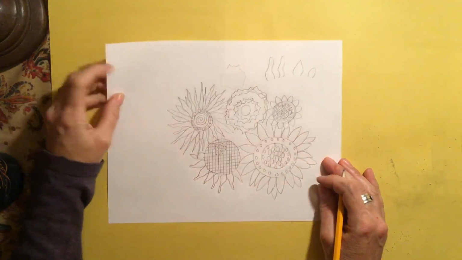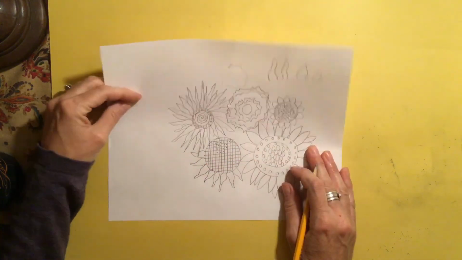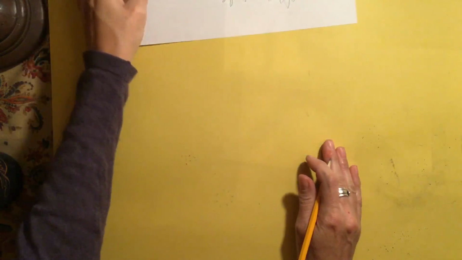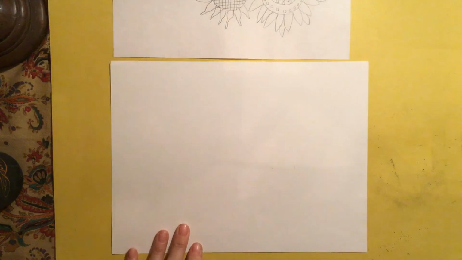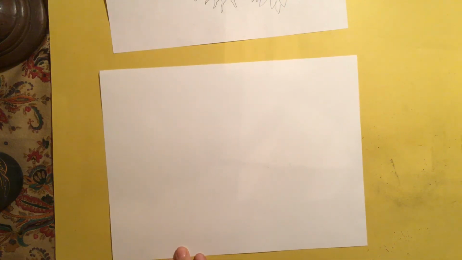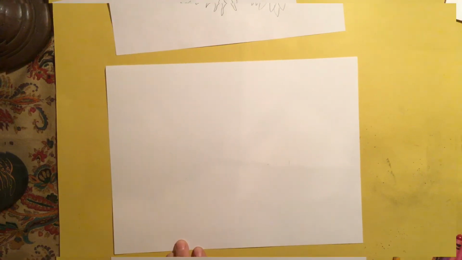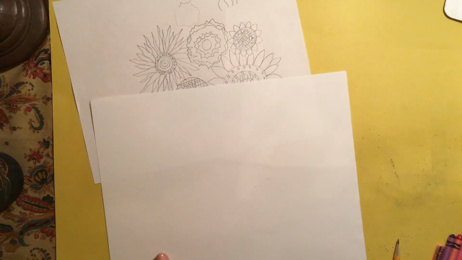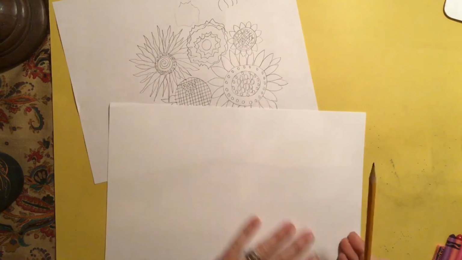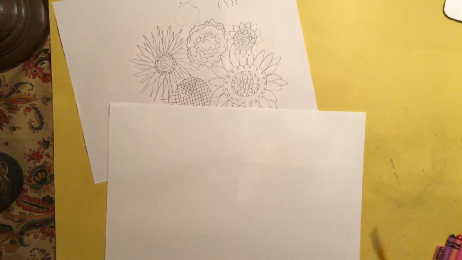So I'm just going to put my sketch idea off to the side, and now I'm going to get my drawing paper and collect my crayons, and once you get your crayons together, then we'll start the next part. Alright guys, now what you're going to do is make 3 sunflowers that we're going to be using next week as well.